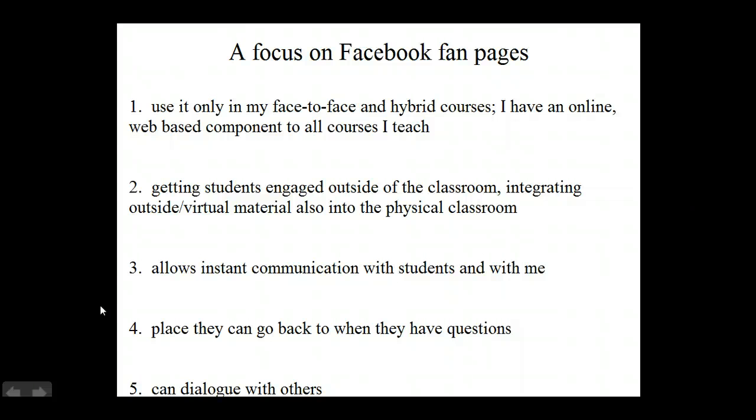I use the Facebook fan page with my face-to-face and my hybrid courses. I have an online course as well, so I don't like to muddy up the water with that online course with the Facebook fan page, but I do have an online and web-based component in all the courses that I teach. I teach Intro to Sociology, Modern Social Problems, Inequality in Society, and Sociology of the Community. Those are all freshman and sophomore level courses.